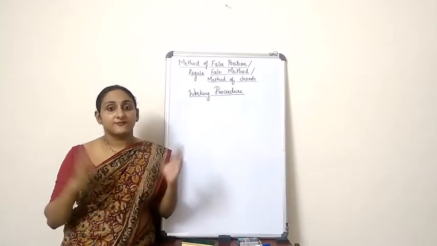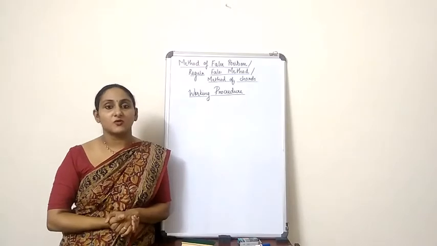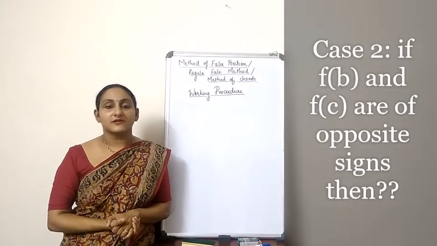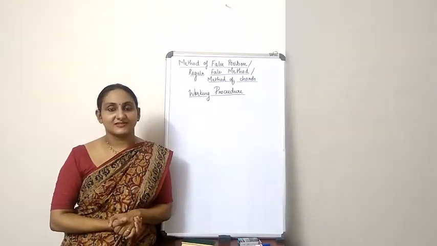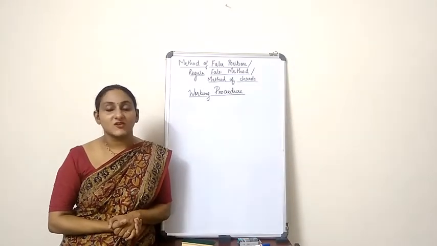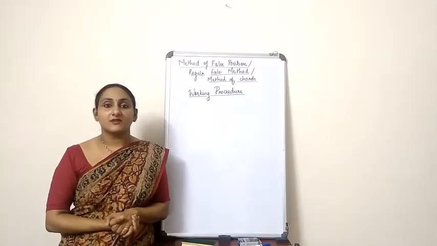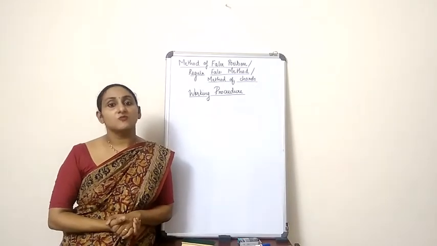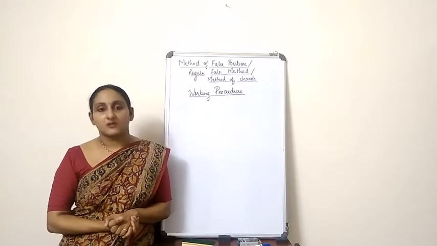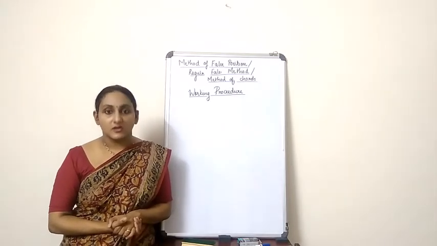And if f of c and f of b are of opposite signs, then you will replace a and f of a with c and f of c, and there won't be any change in f of b. That's how you will find the next approximate root, which is d, and then you will move on like that till you get the required root. So this is the working procedure of the Regula Falsi method.